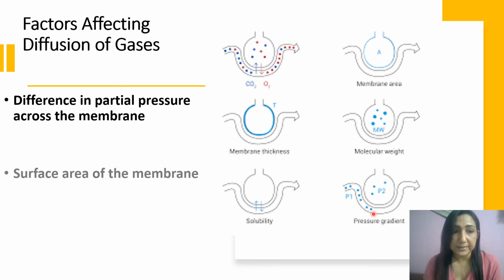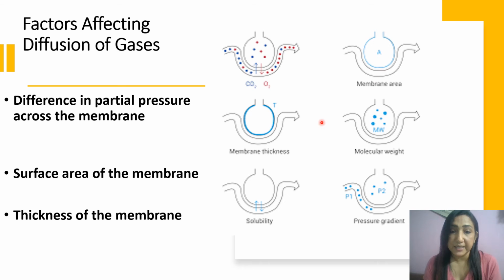Next is the surface area of the membrane. If the surface area is more, the diffusion will be more, according to Fick's principle. Then next is the thickness of the membrane.